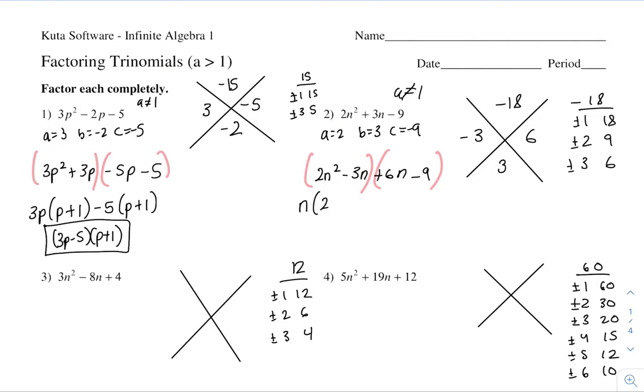So 2n minus 3. From the last set of parentheses, we can factor out a 3 from the 6 and the 9. So if we factor out a positive 3, we get 2n minus 3. So now we can factor out a 2n minus 3 from both, so we get n plus 3, and then 2n minus 3. And there's our factor.